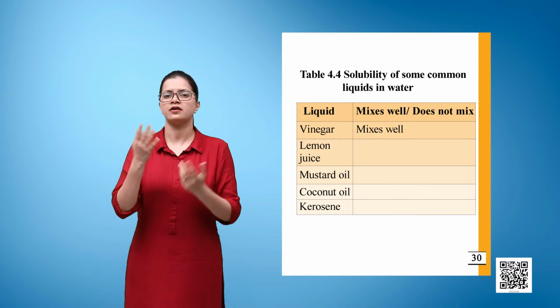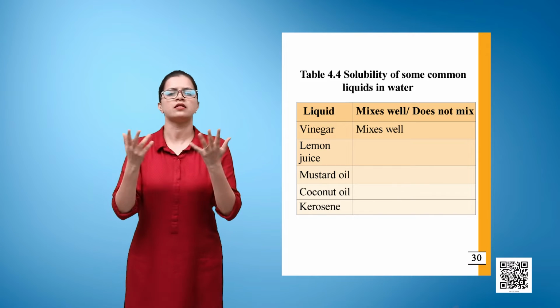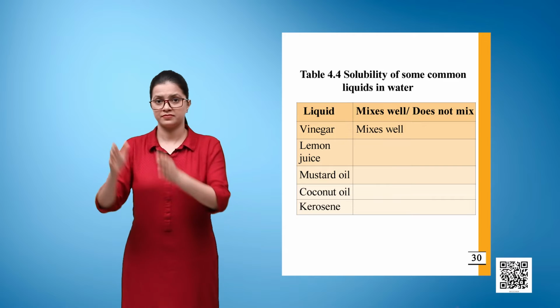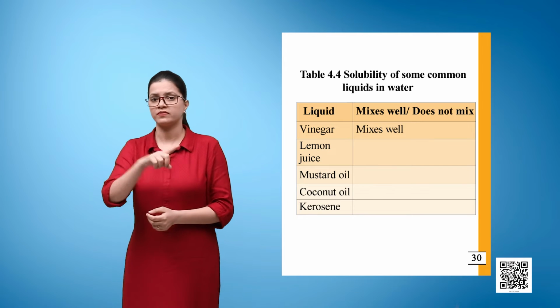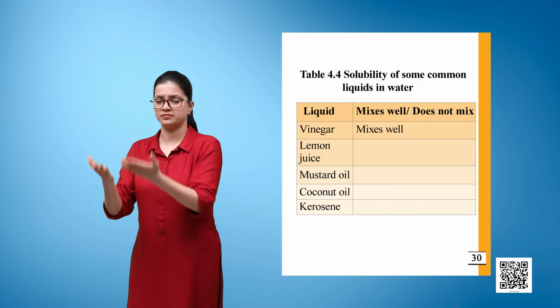Table 4.4. Solubility of some common liquids in water. There are two columns, one for liquid and the other for mixes well or does not mix.